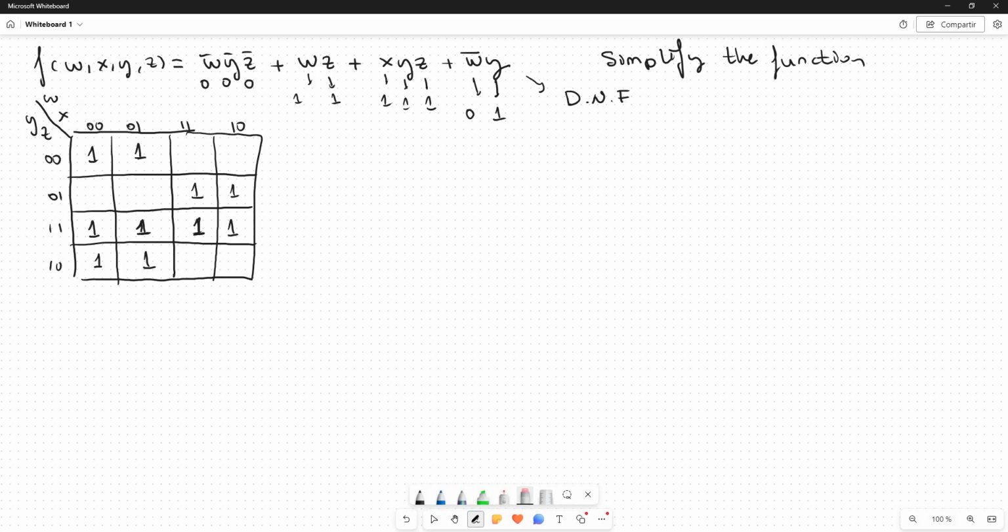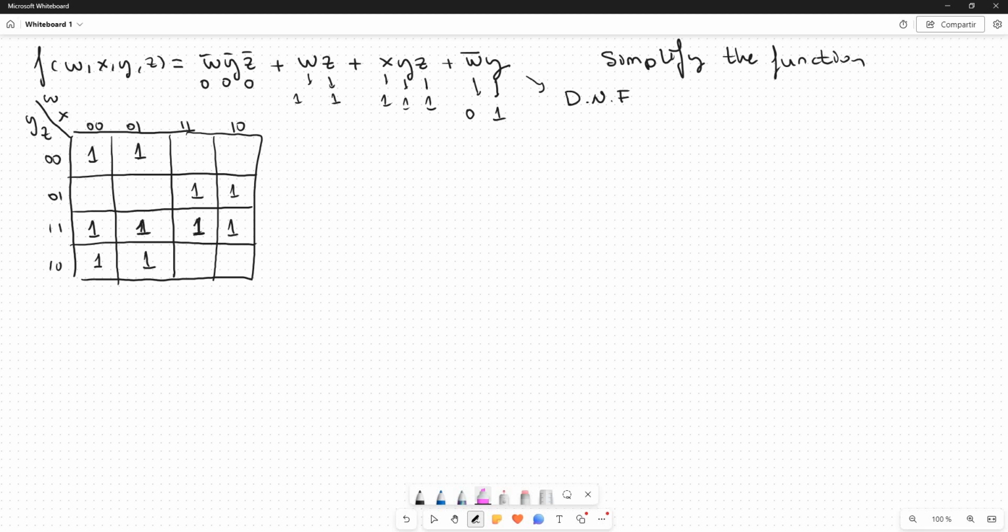If you don't have the function in its disjunctive normal form, you can do some algebraic manipulation to have this form. Okay, you already know some rules from the previous topic to do algebraic manipulations, so it's another option that we have. So first step, we are going to locate the prime implicants, those that are the largest, covering the ones of the function.